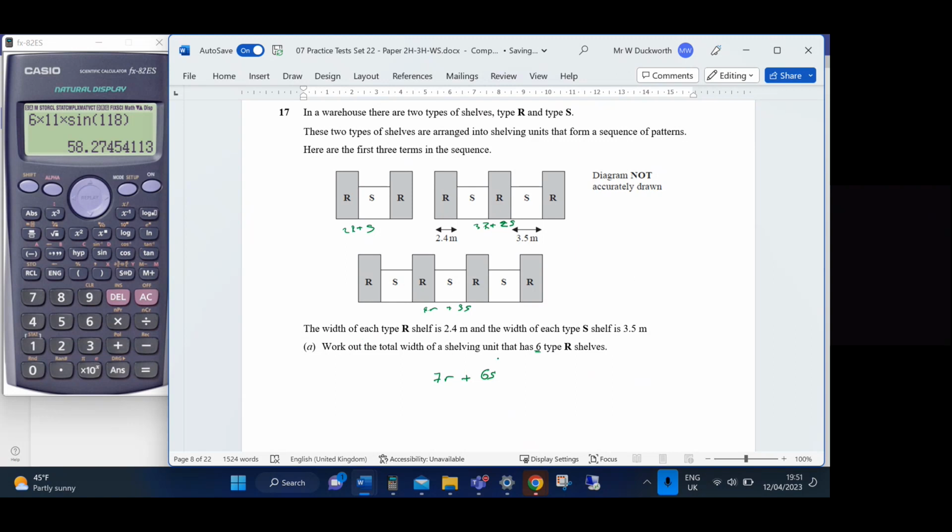So work out the total width of a shelving unit that has 6 type R shelves. Okay, so I've actually gone in slightly the wrong direction on this. That's not going to be the 6th pattern.